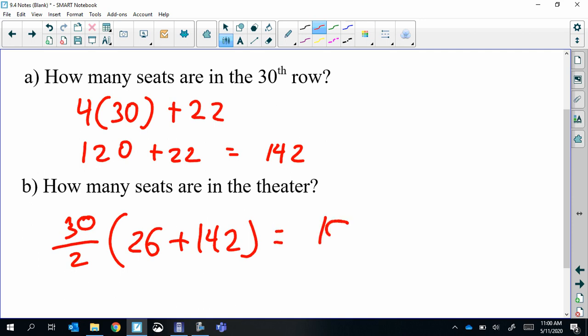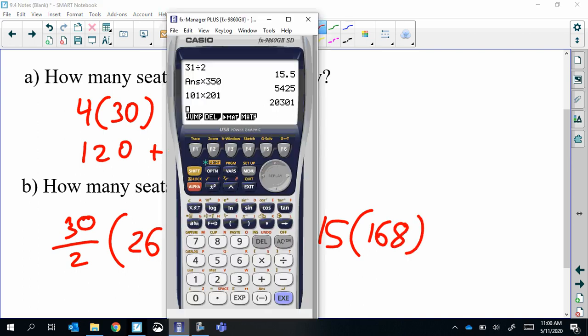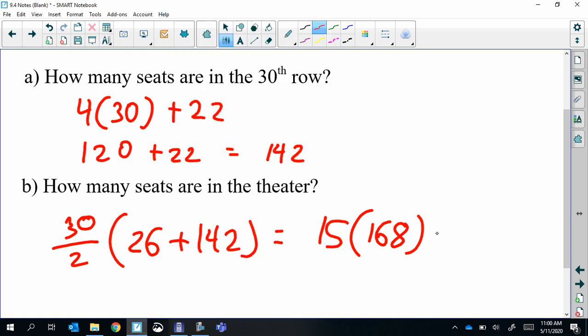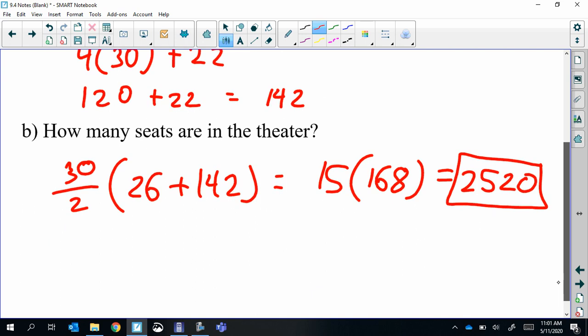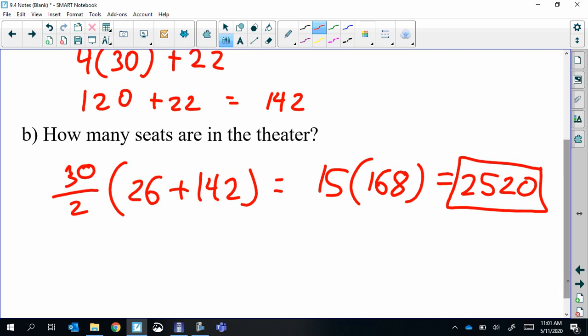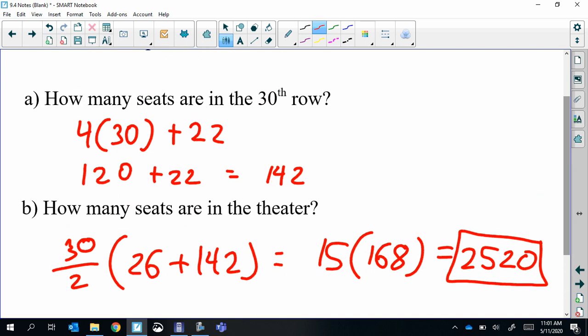So that's 15 times 168, which is 2,520. So that's just a shortcut rather than adding up all the seats, counting all the seats. If you see the pattern, you can use the shortcut.